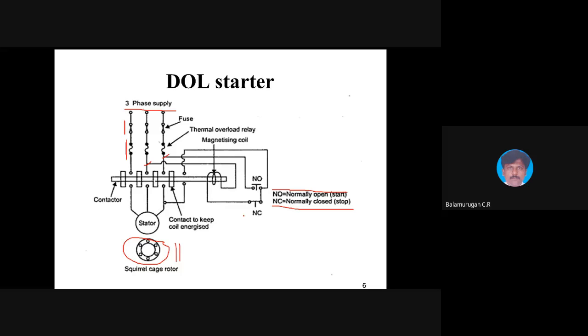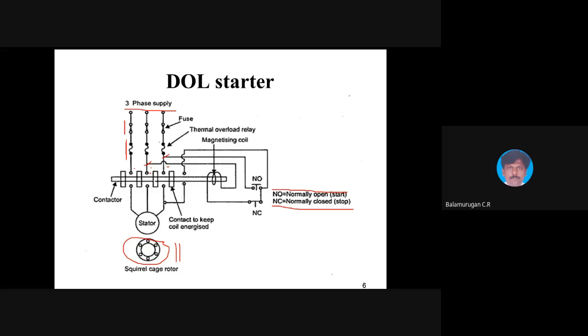If you are going to start this starter, we apply the full supply voltage. The full supply voltage will be available at this contact. If you apply the three-phase input R, Y, B, the input supply comes directly to the input side of the contact.